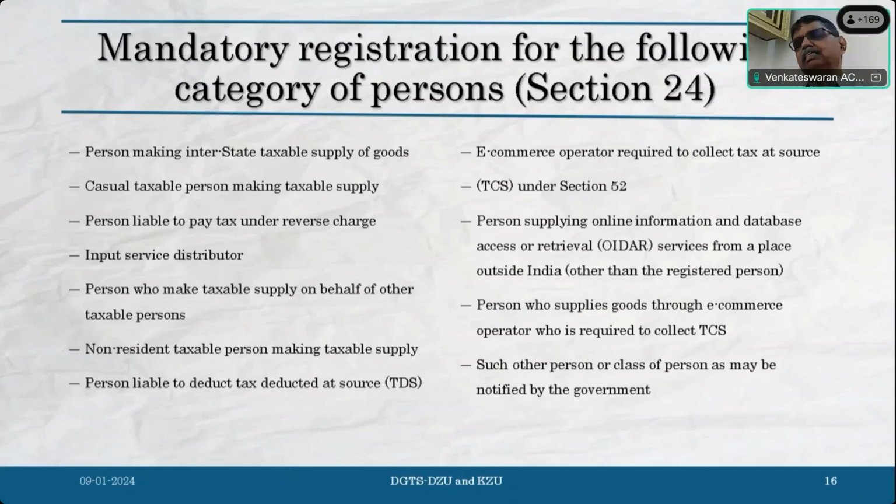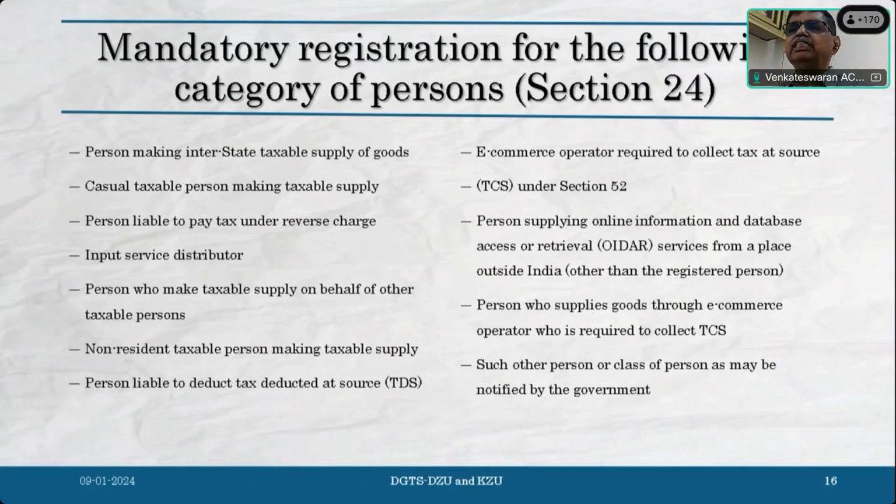It does not say this about services, where some exemption has been given, but in the case of goods, it is mandatory. You know very well that export is also considered an interstate supply, and supply to SEZ is also considered an interstate supply. Suppose you are catering to the needs of a neighboring state or an SEZ, or you are going to be exclusively an exporter of goods, please know that you are definitely required to take a registration.